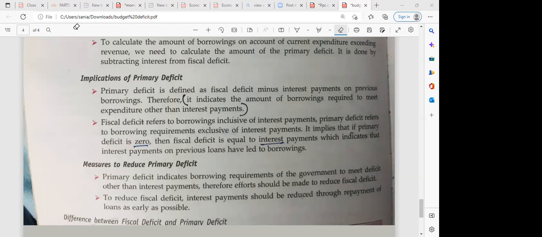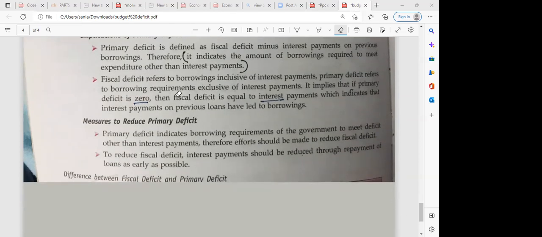Yes, ma'am. Done. Okay. Now we will move to suggestive measures to reduce primary deficit. Once you are in the phase of primary deficit, how will you reduce it? Primary deficit indicates the borrowing requirement of the government to meet deficit other than interest payment.